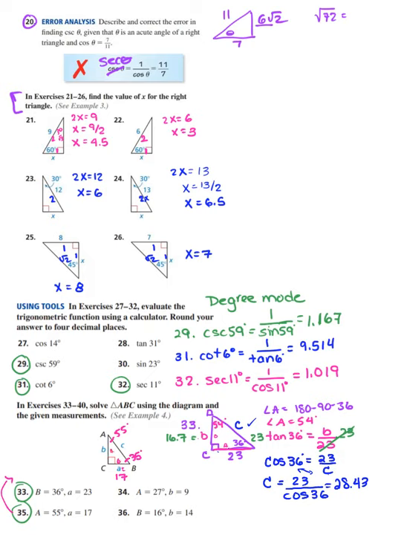This is the adjacent. So I could do a tangent, but I'm going to do a tangent of the 35 so that my unknown stays on top. So that's going to be b over 17, and then I'm going to multiply both sides by 17. So on the calculator, we enter 17 tan 35, 11.9.